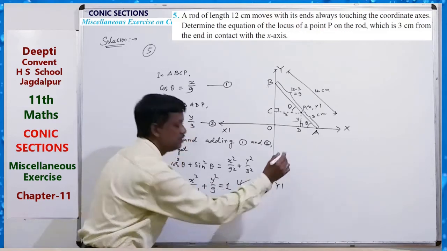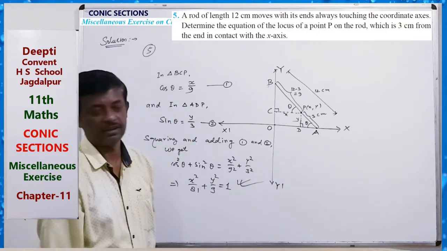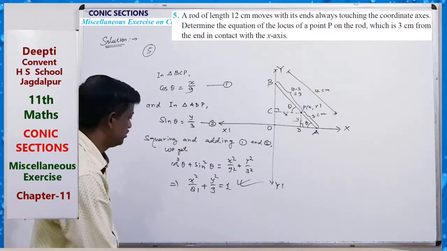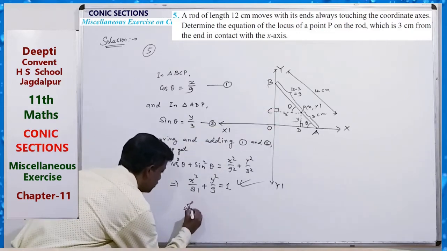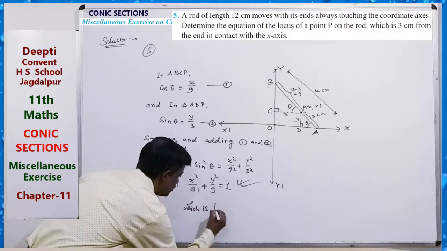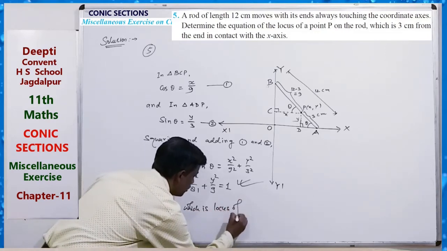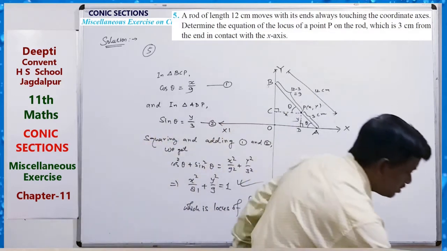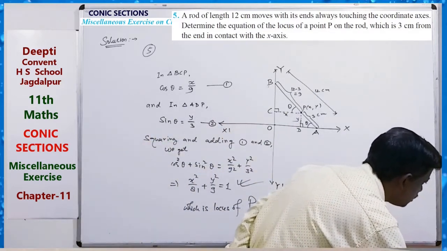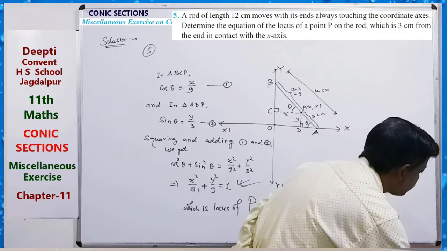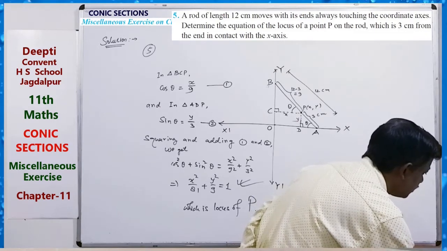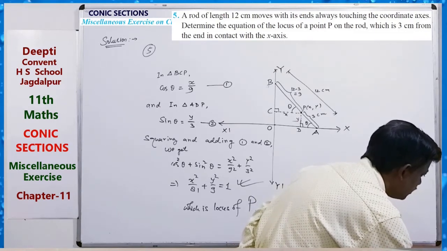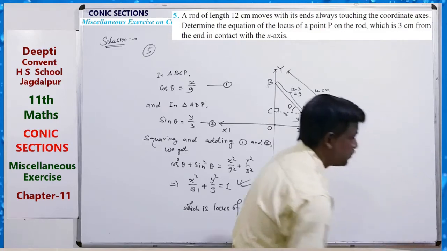So this is our equation of ellipse, the locus of P. So this is the equation of ellipse. Just we have to find the locus of P.